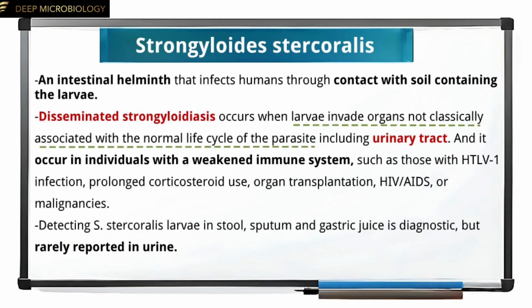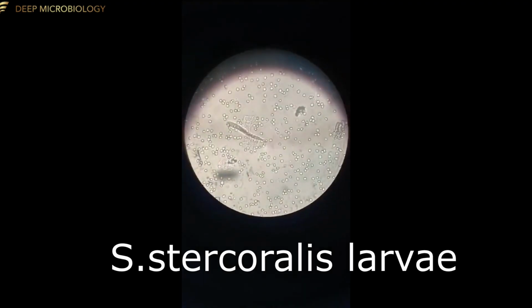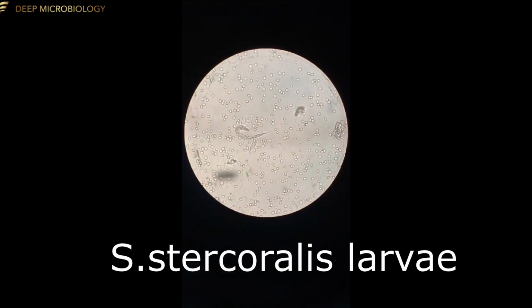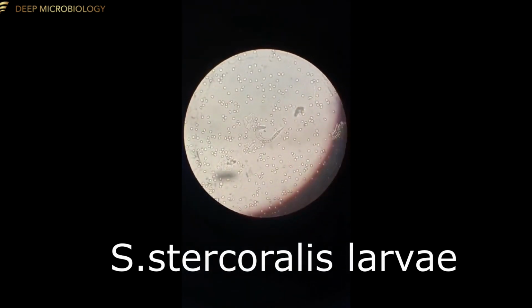It occurs in individuals with a weakened immune system, such as those with human T-cell leukemia virus type 1 infection, prolonged corticosteroid use, organ transplantation, HIV/AIDS, or malignancies. Detecting Strongyloides stercoralis larvae in stool, sputum and gastric juice is diagnostic, but rarely reported in urine. And here, you can see the motile larvae of Strongyloides stercoralis in the urine sediment, actively moving under the microscope.